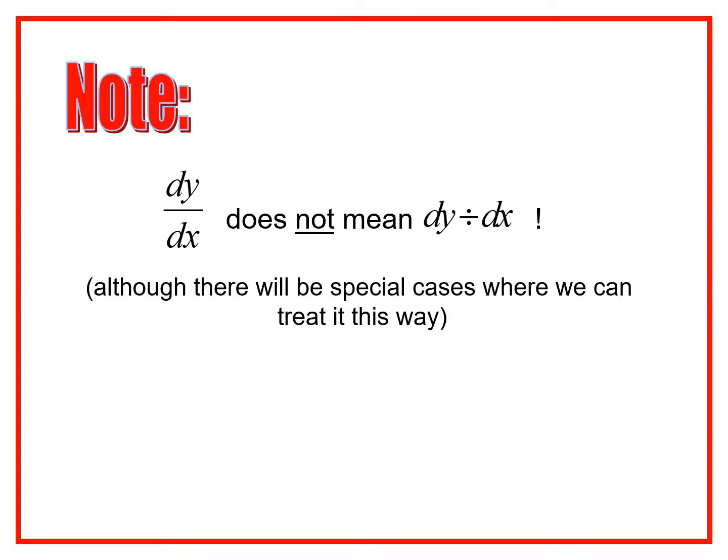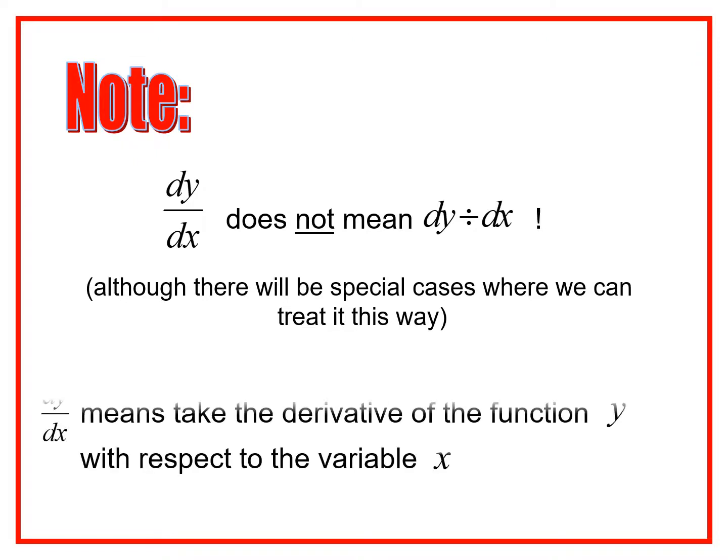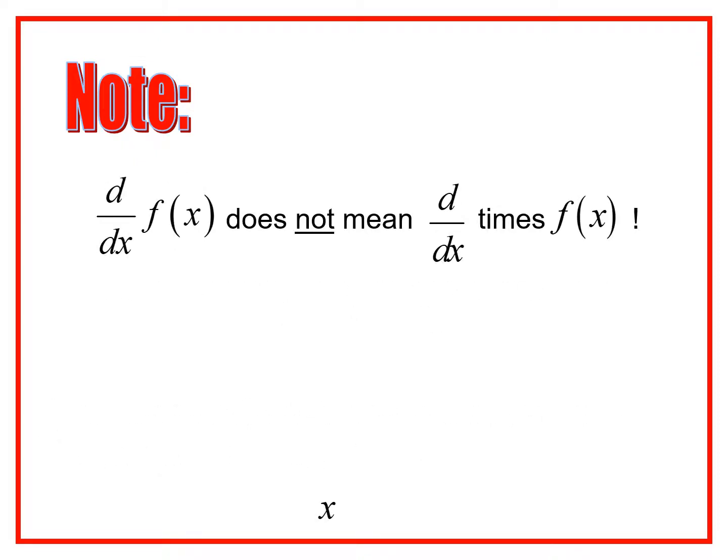Although you'll see later in the year that there are some cases where we can treat it this way, it's important to understand that at its base level it does not mean division. It just means take the derivative of the function y with respect to x. So this is not d dx times f of x, it's the derivative of f of x.